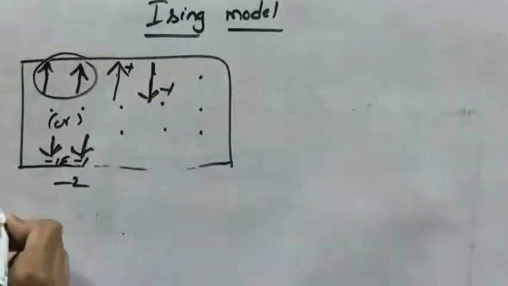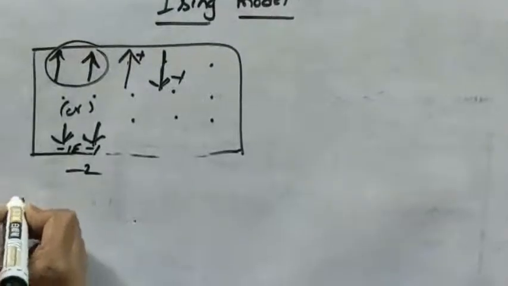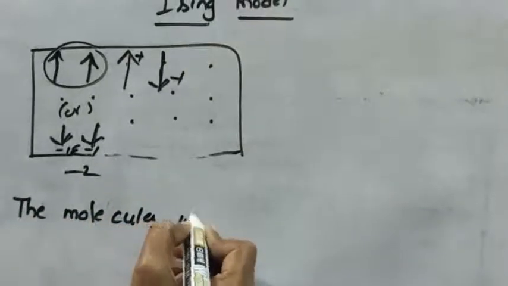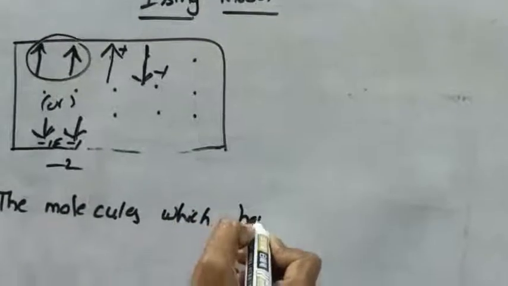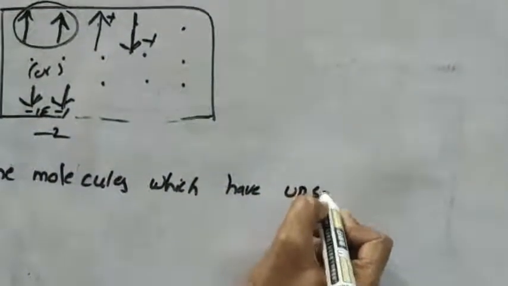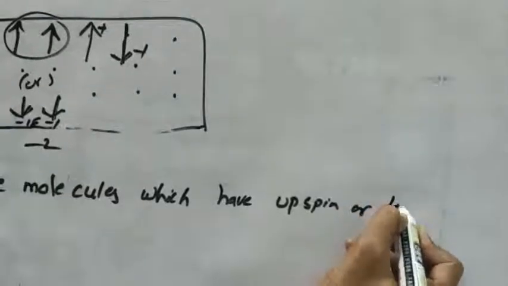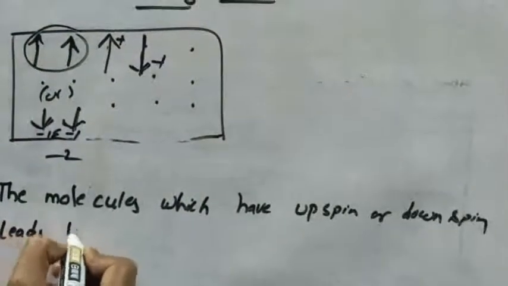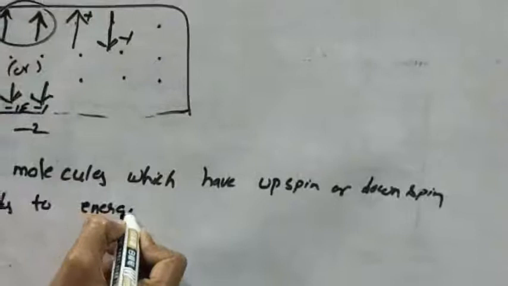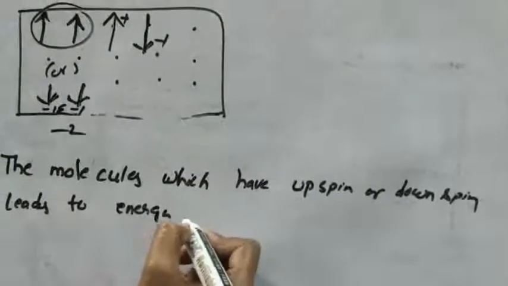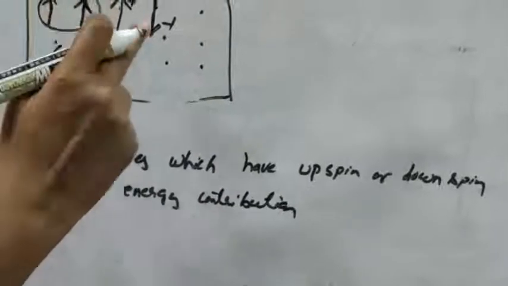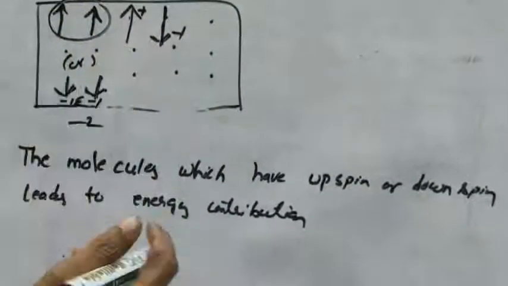So the energy will be added for the molecules which have either upside spin or downside spin. Such molecules contribute energy to the system. Whereas the molecules which possess one upside spin and one downside spin lead to 0.